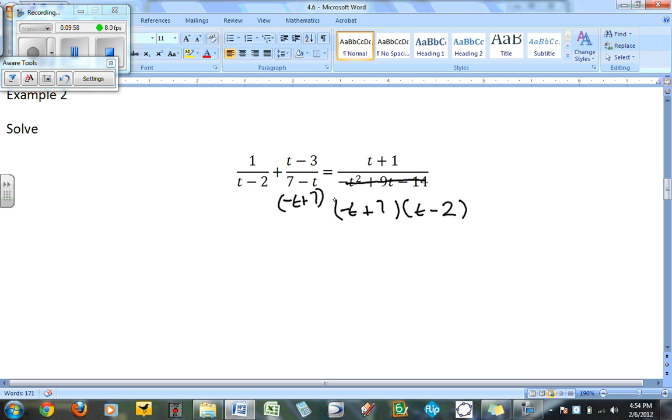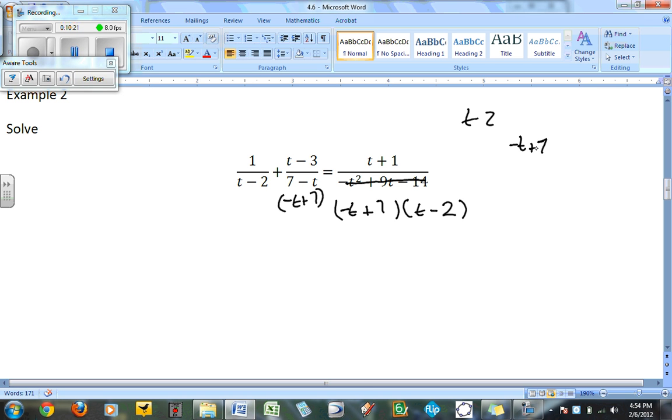If you notice, our least common multiple over here is negative t plus 7 and t minus 2. I'll go ahead and write it out for those of you that like the column method. This one's factored already, so t minus 2. This one's factored already, so 7 minus t, or if you're weird like me, I like my variables on the left side, so negative t plus 7.